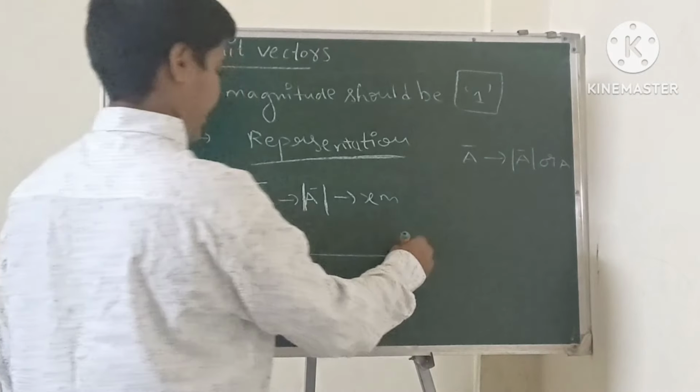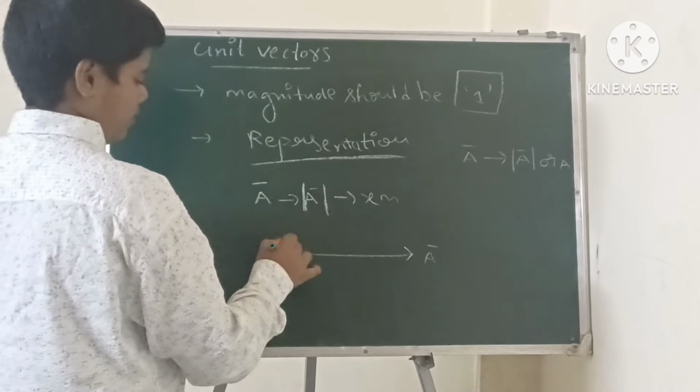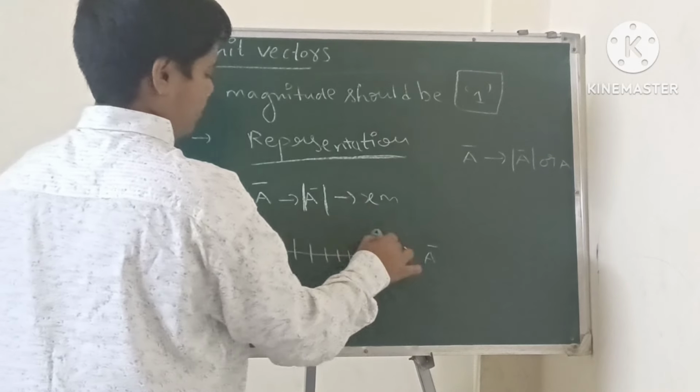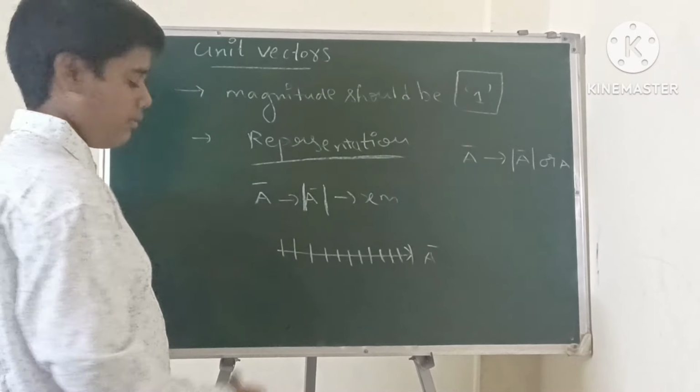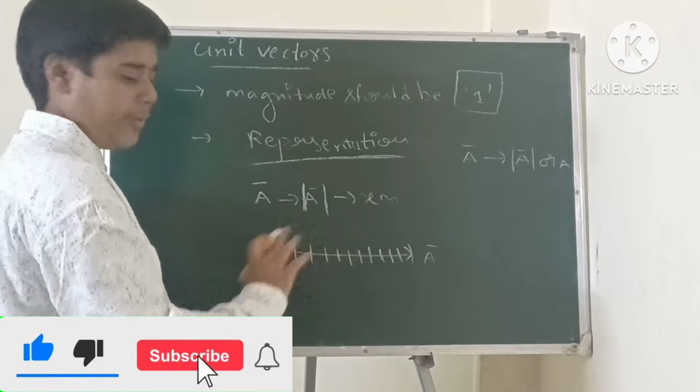So I am taking this as a vector A bar. I am dividing this vector into some x parts.